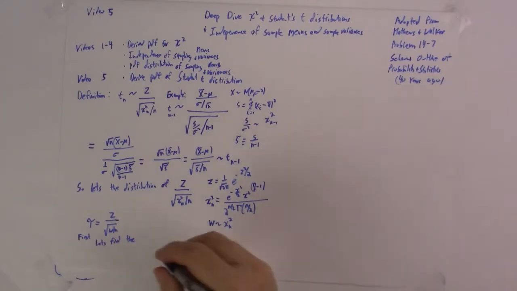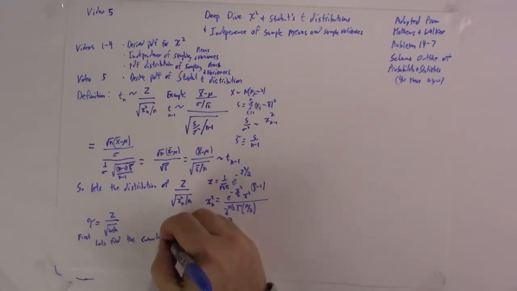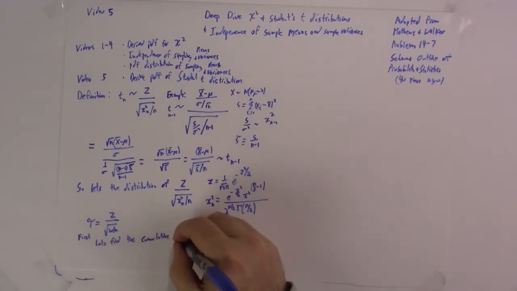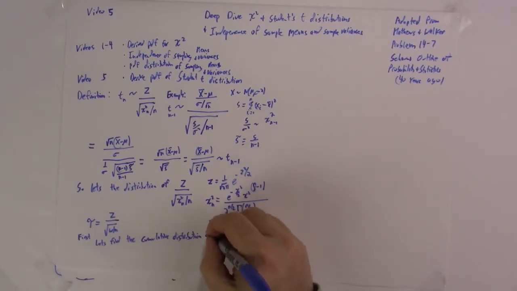So let's find the cumulative distribution of tau.